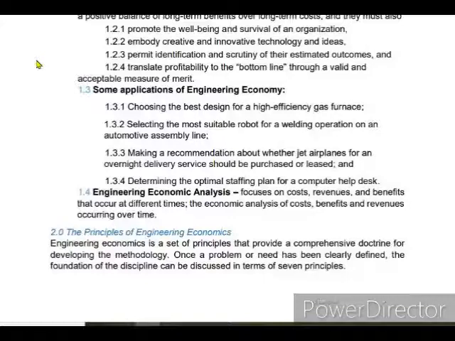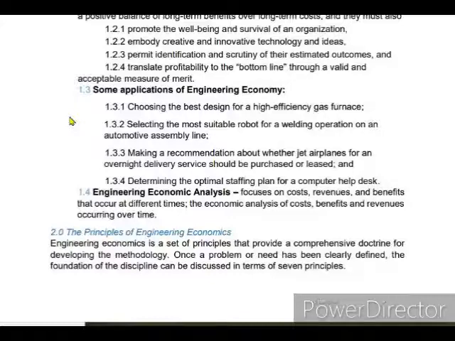Next, 1.3.2, selecting the most suitable robot for a welding operation on an automotive assembly line. So nowadays, robotics is very famous in the manufacturing industry. Okay, so here in the example, it is said that robots are used in the welding operation of an automotive assembly line.